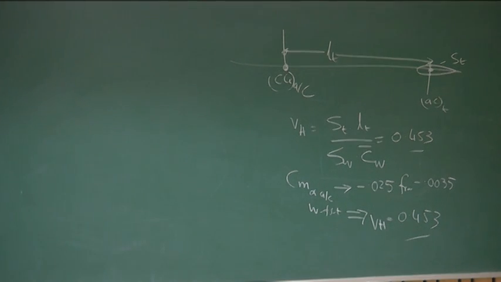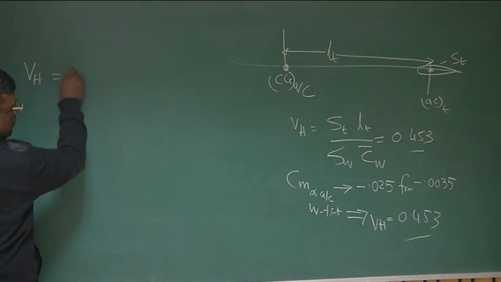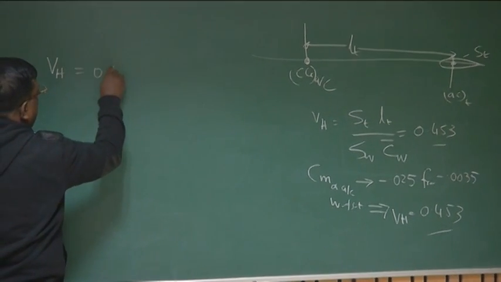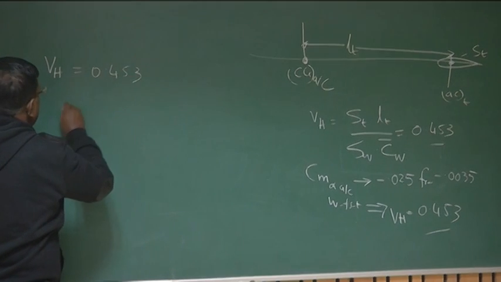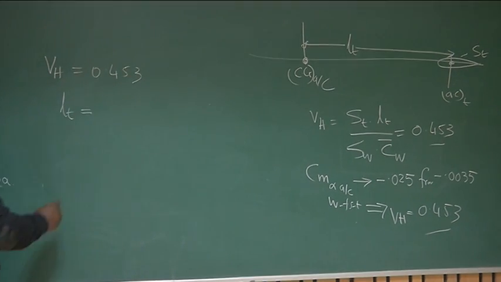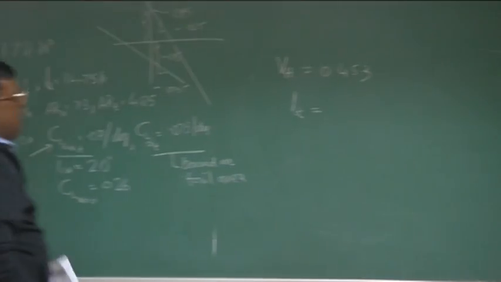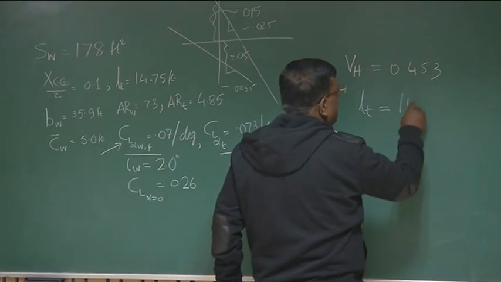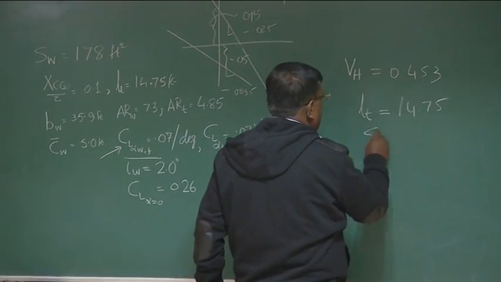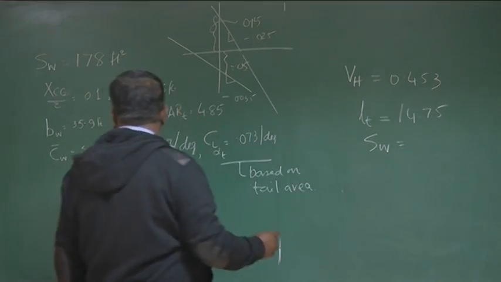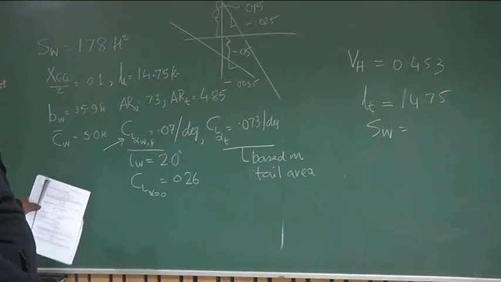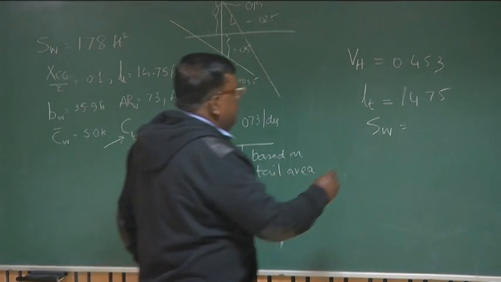What next for a designer? Let us try to understand a little more. As VH equal to 0.453, and we already have LT equal to 14.75. Also we have SW equal to the wing area, which is 178 feet square.